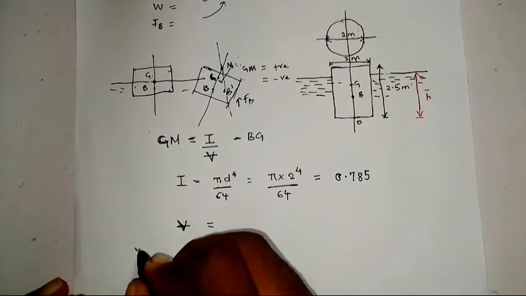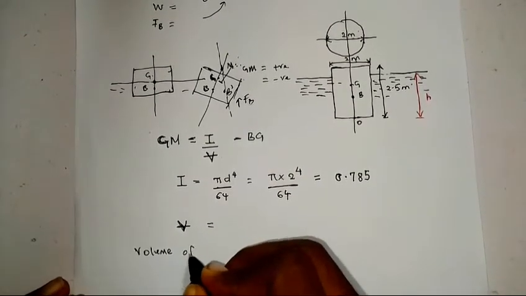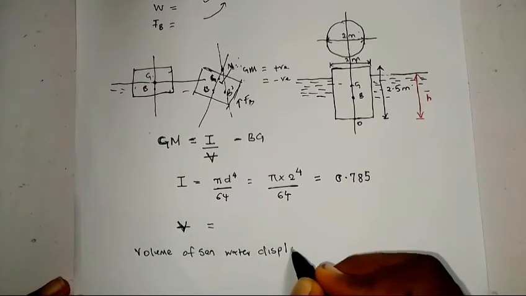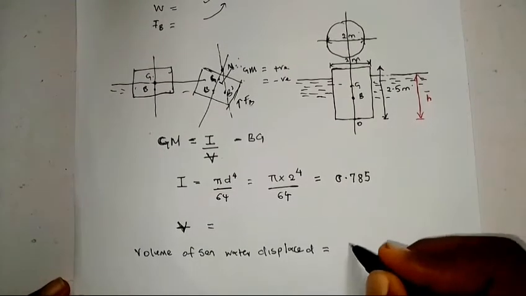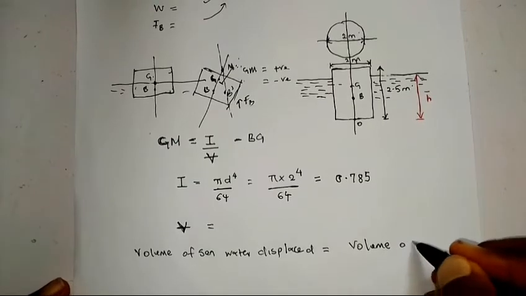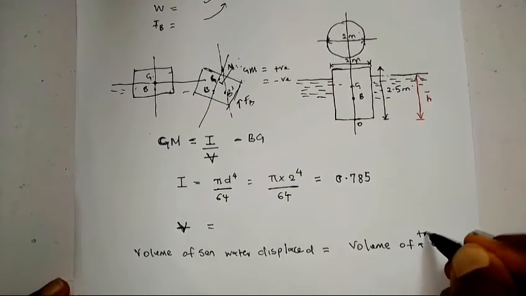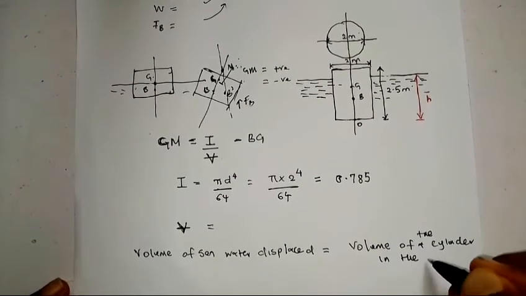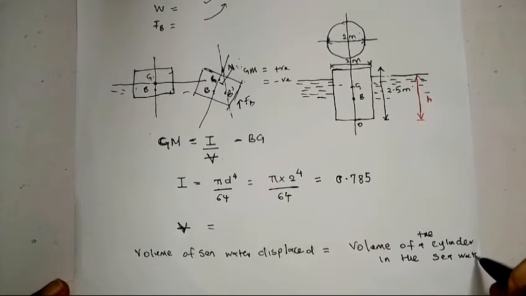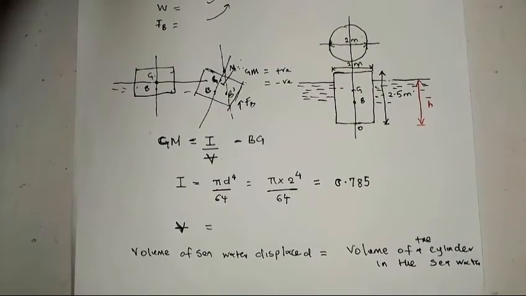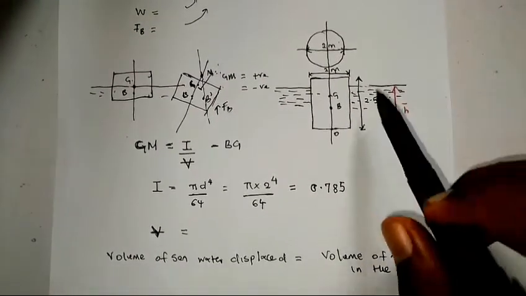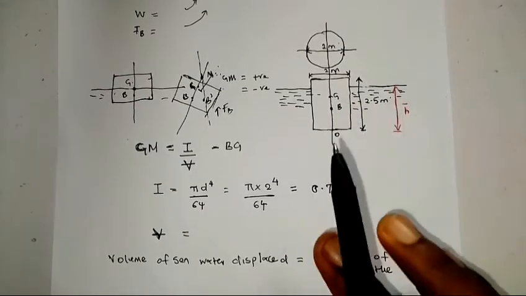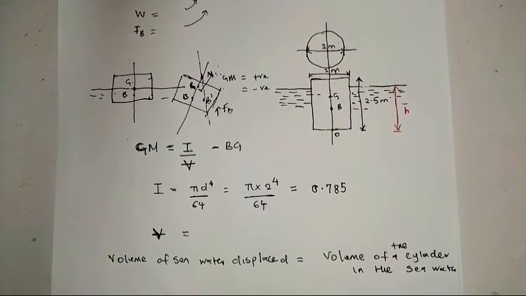Let me repeat myself: the volume of seawater displaced is equal to the volume of the cylinder in the fluid, or in seawater. So basically, it is the volume of this object in this particular medium, the volume it is occupying in this medium, or the volume it experiences.